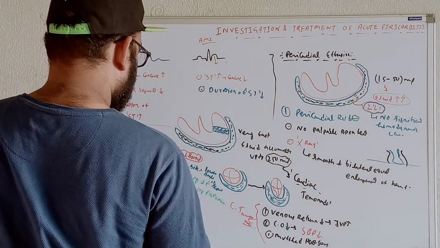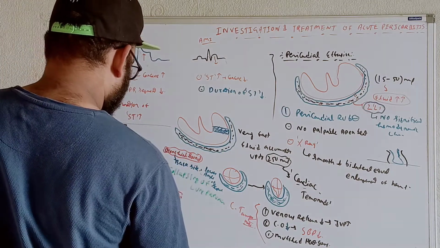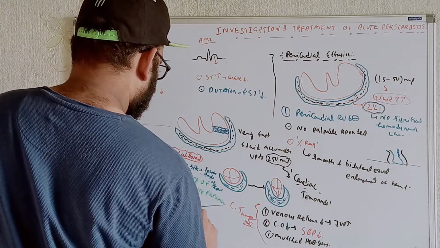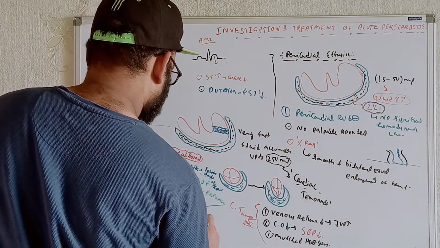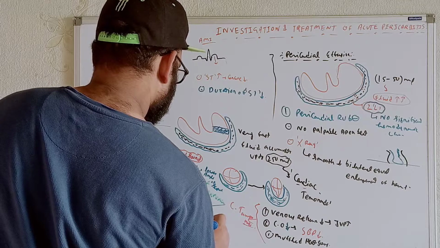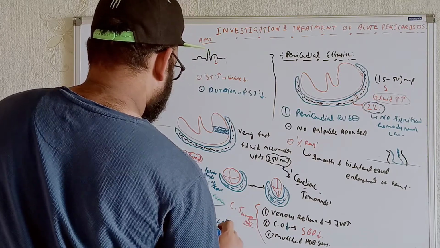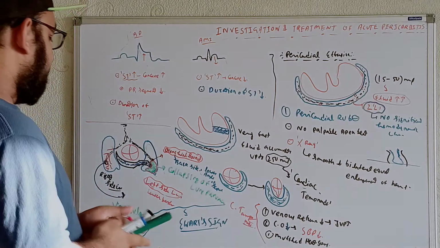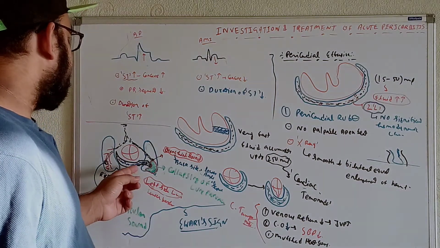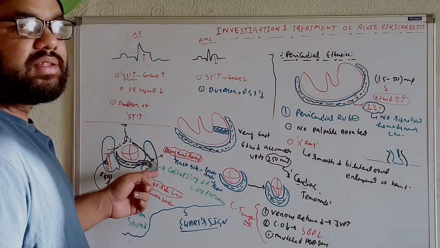Okay, so whatever we have just learned up to this much, this whole thing is known as Ewart sign. If I say what is Ewart sign, for the development of pericardial effusions, we are getting the development of a collapsing tendency within the lungs.